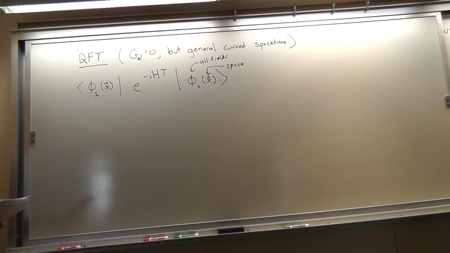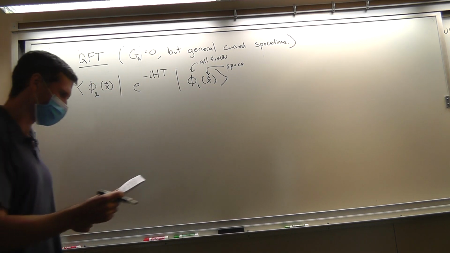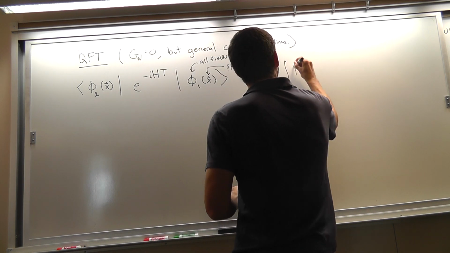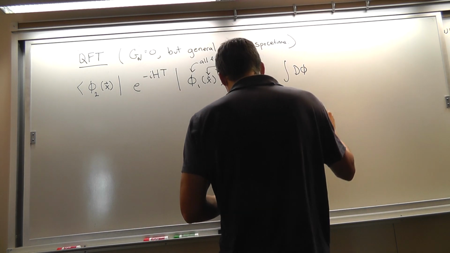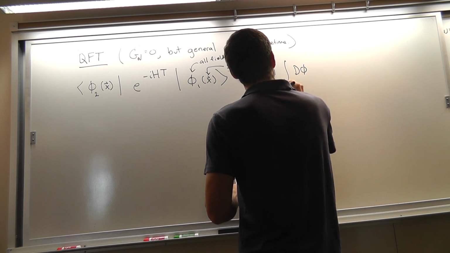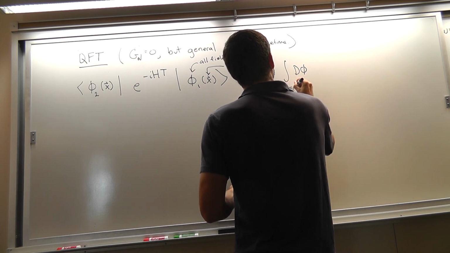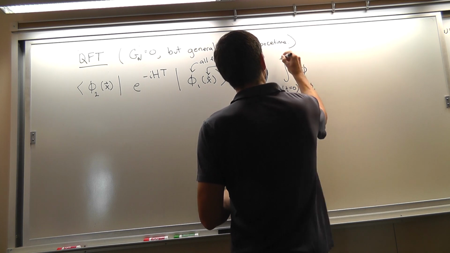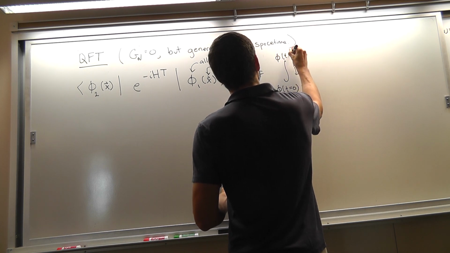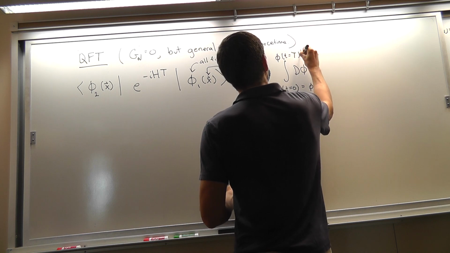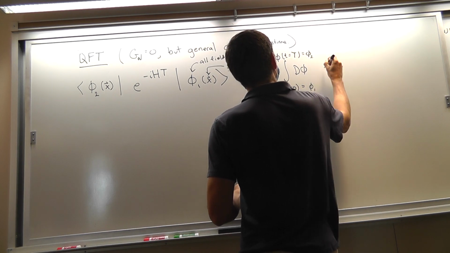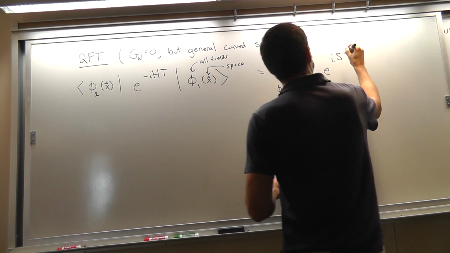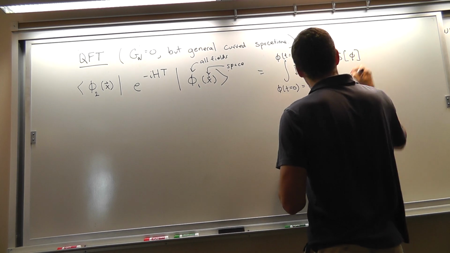So then we can calculate transition amplitudes by the Lorentzian path integral. This is the path integral D phi, where we put boundary conditions that phi at t equals 0 is equal to phi 1, and phi at t equals big T is equal to phi 2, and then we integrate e to the i S of phi.